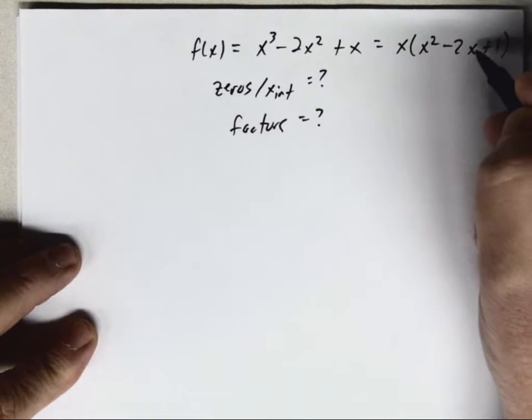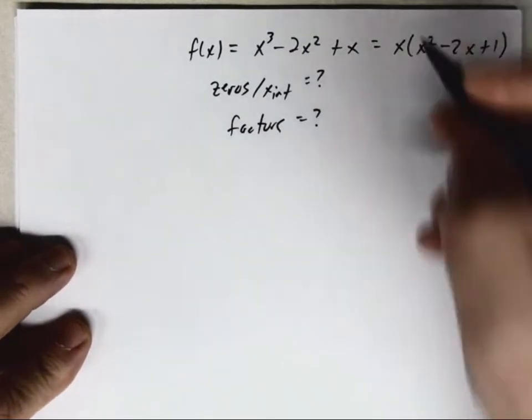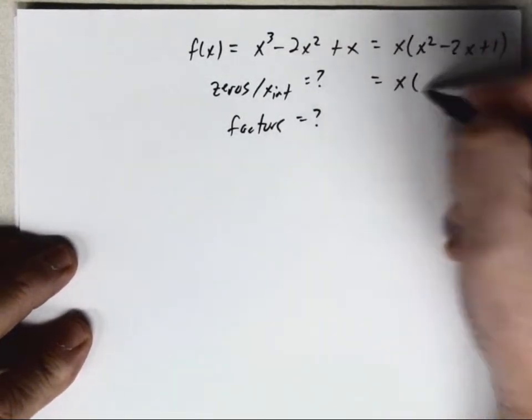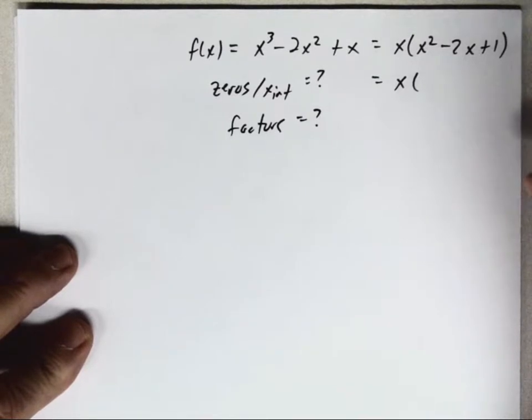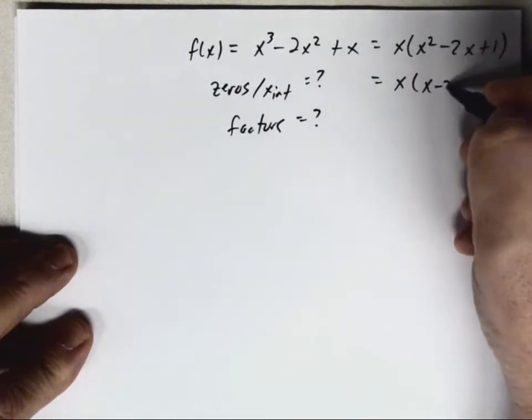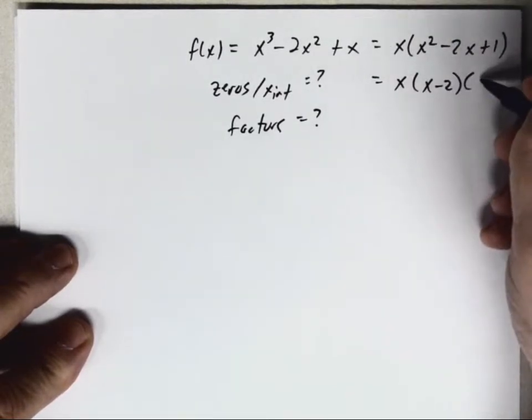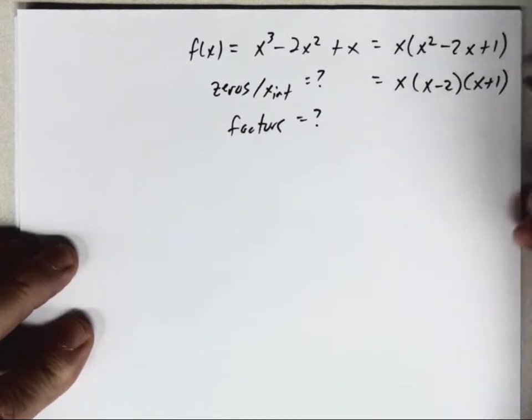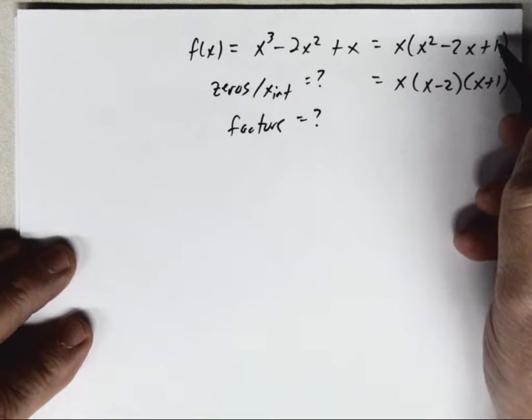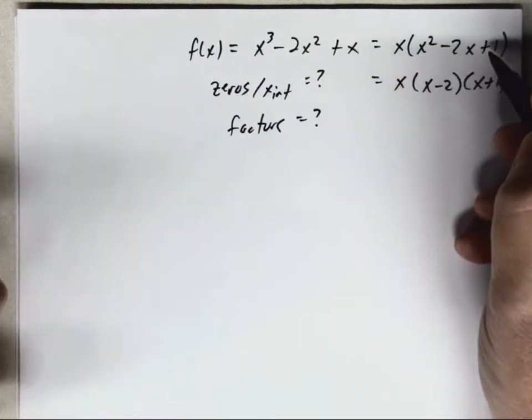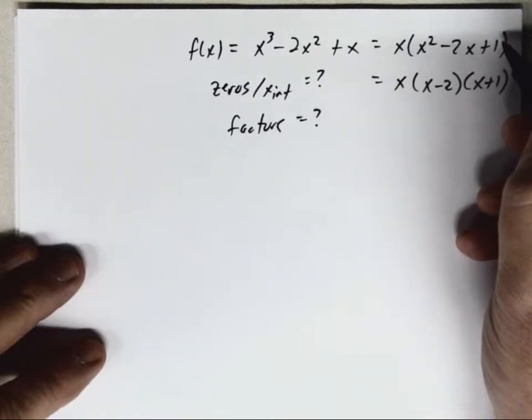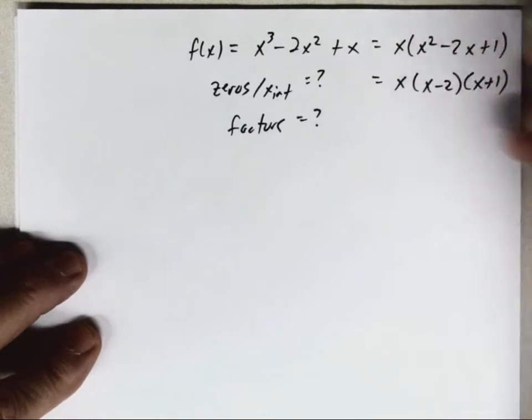And now I can try and factor this trinomial inside the parentheses, which ends up being, I believe, x minus 2, x plus 1.